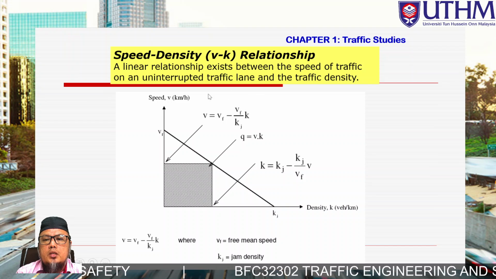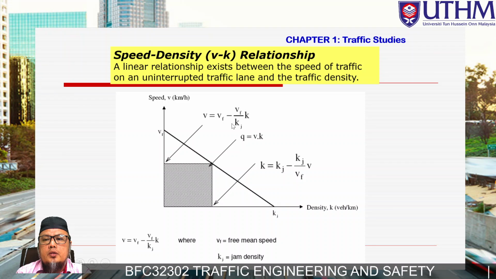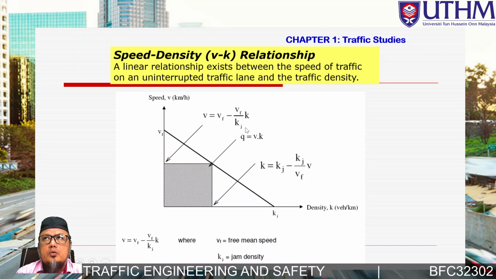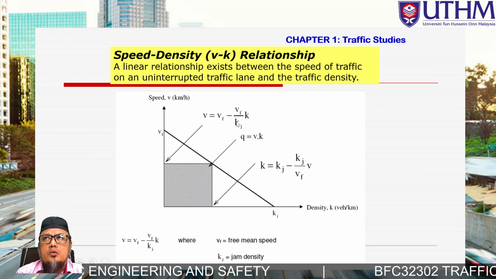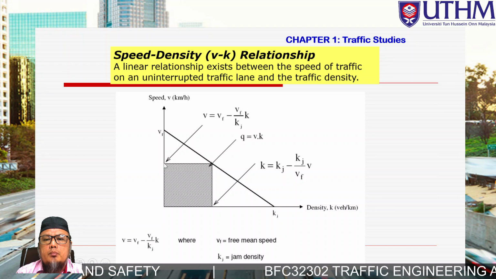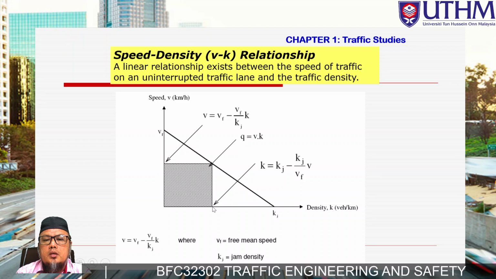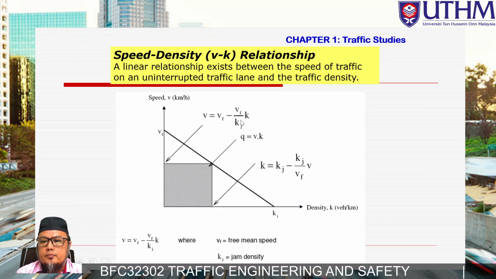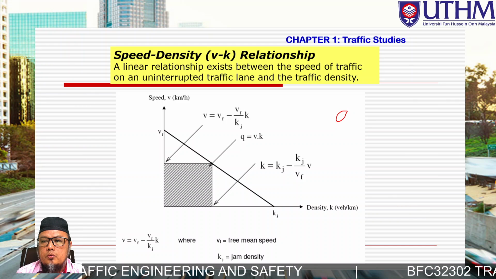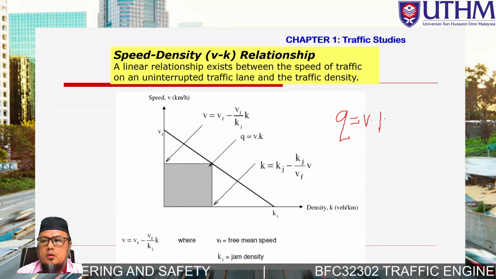At this particular region, we can determine the relationship between V, Q, and K: V over K, Q over K. Here we have a region where we can determine the point of V and Q from the area of the region. The basic one is Q. We start with this formula, Q equals V K. So we can manipulate this formula.